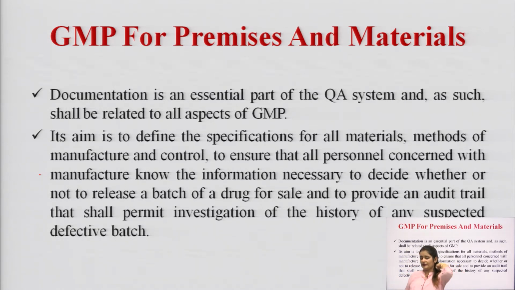Its aim is to define the specifications for all materials, methods of manufacture and control, to ensure that all personnel concerned with the manufacture know the information necessary to decide whether or not to release a batch of drug for sale, and to provide an audit trail that shall permit investigation of the history of any suspected defective batch.